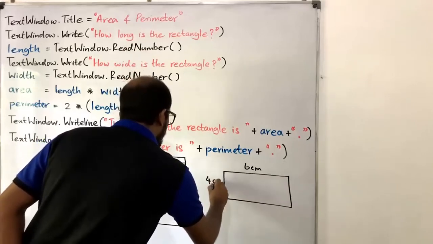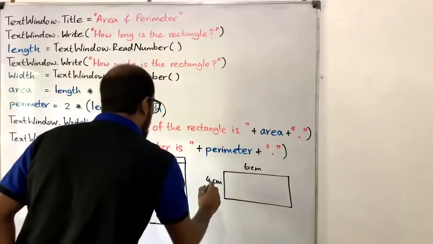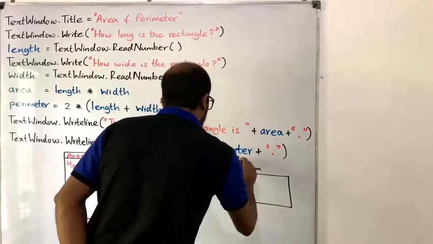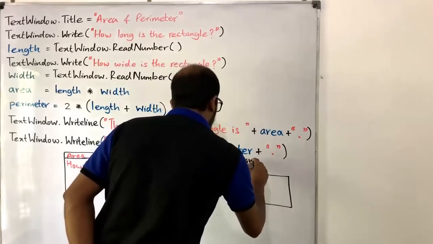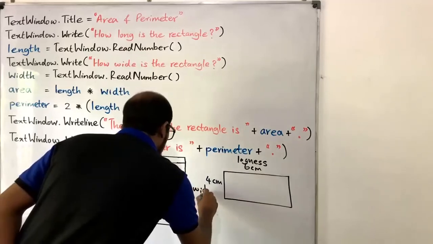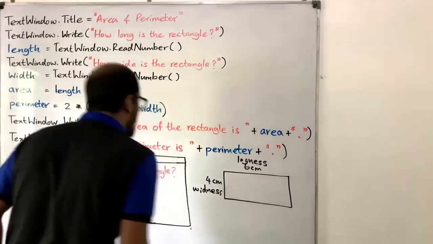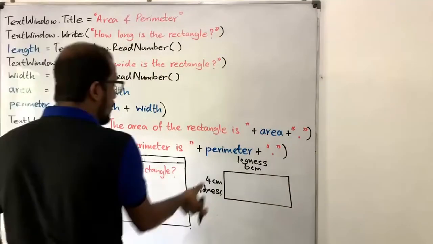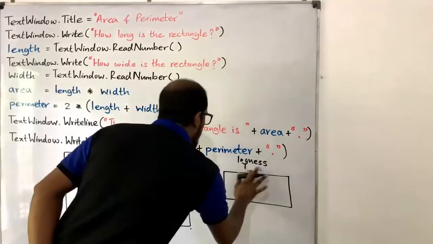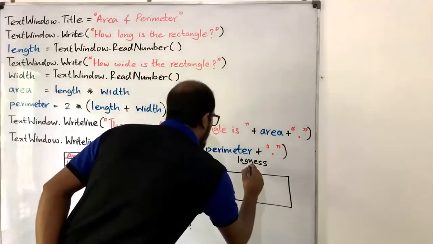This is wideness. This is longness. This is wideness. How wide the rectangle is, how long the rectangle is. This value is 6 centimeters.